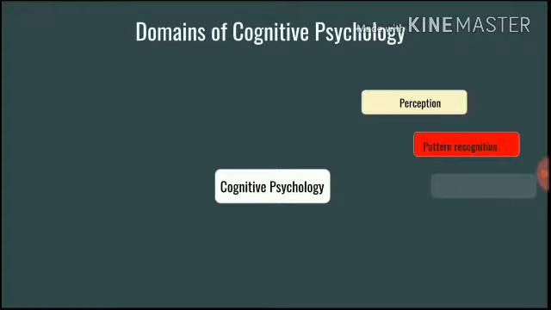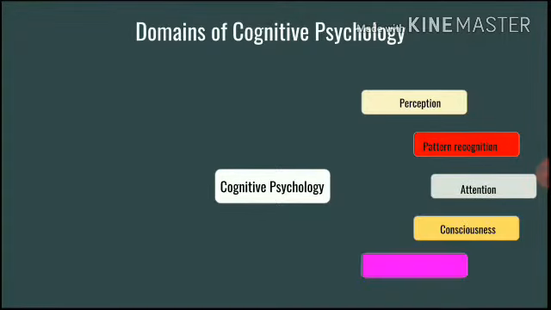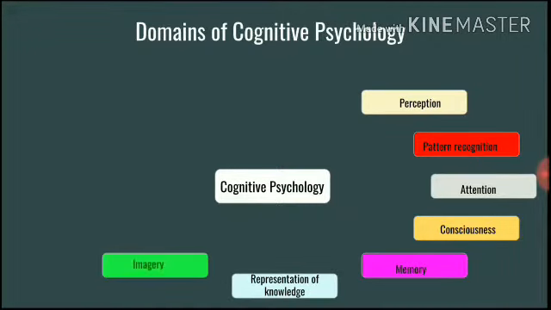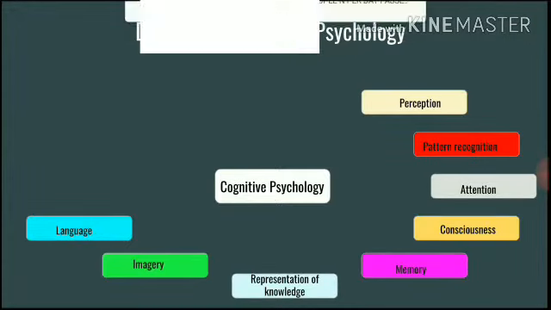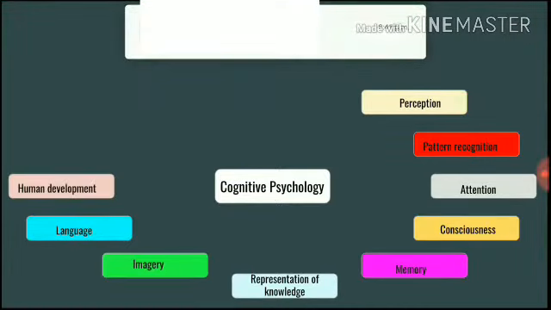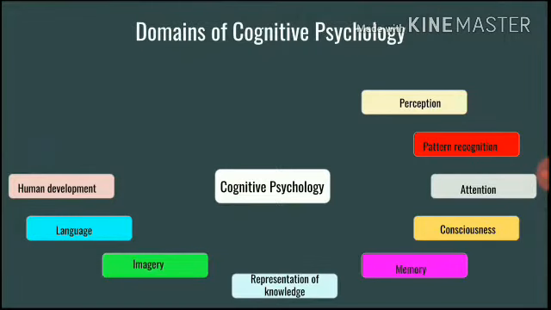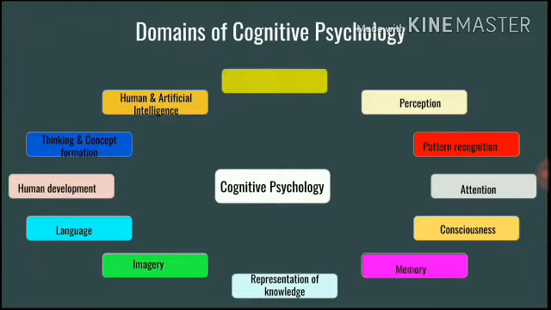So as you can see, the first one here is perception, then we have pattern recognition, then attention, then consciousness, then memory, then representation of knowledge, imagery, language, human development, thinking and concept formation, human and artificial intelligence, and cognitive neuroscience.